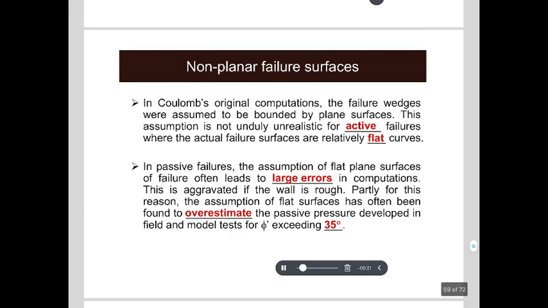The assumption in the Coulomb method, where the failure plane is a flat or plane surface, is not too bad for the active conditions, but for the passive condition, it may overestimate the passive pressure, especially when the wall is rough.